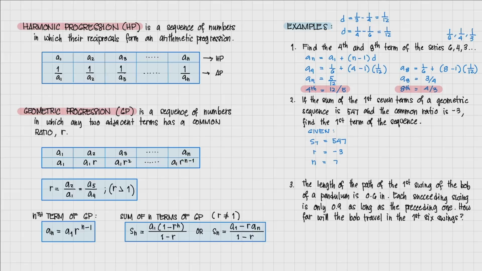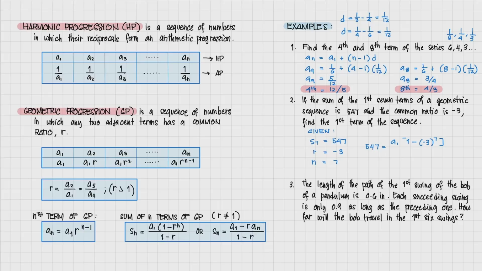So Sn would now be 547 is equal to A1, which is what we're looking for, times 1 minus R, which is -3, raised to n, which is 7. Let me just fix our separators.